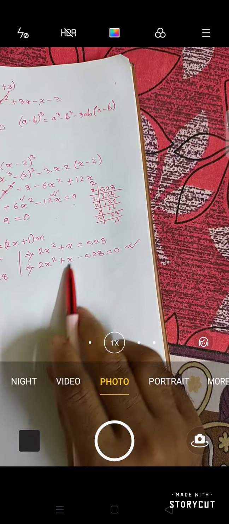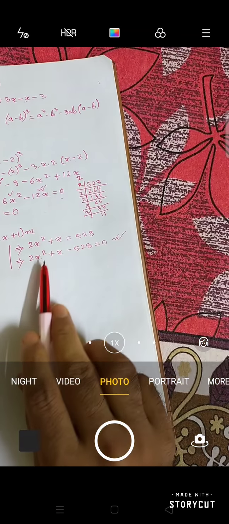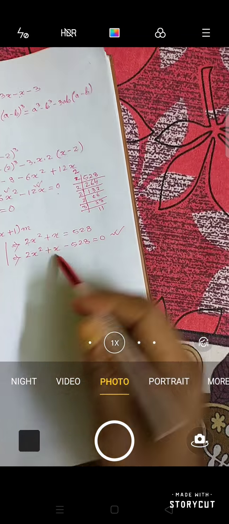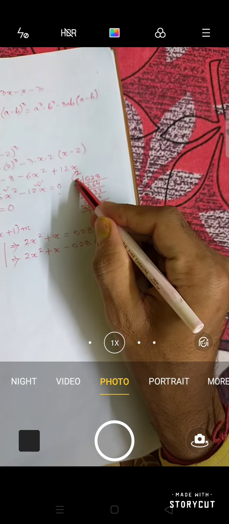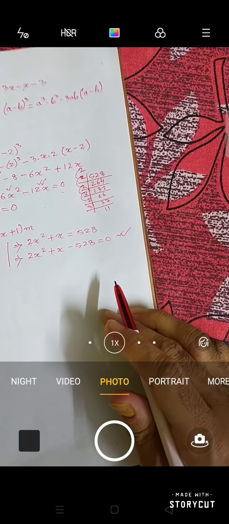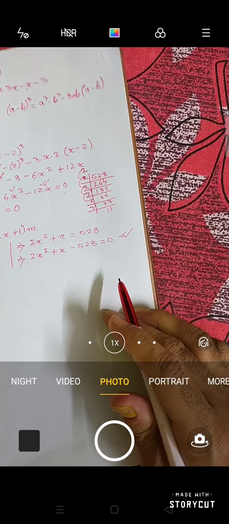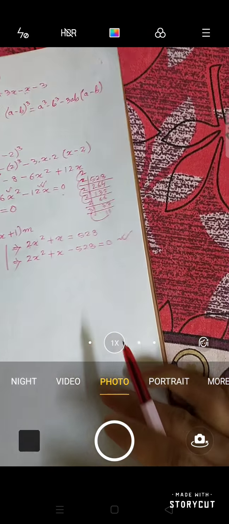Now I'll try to use these numbers in such a way that I get 1. Just see, 2 2s are 4, 4 2s are 8, 8 2s are 16, 16 2s are 32, correct? And this is 3 into 11, 33.